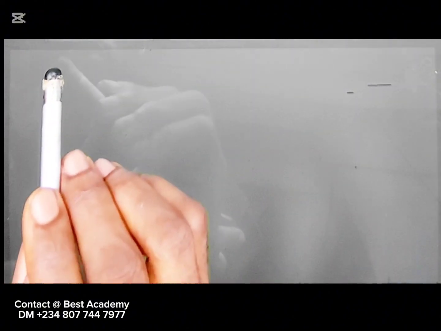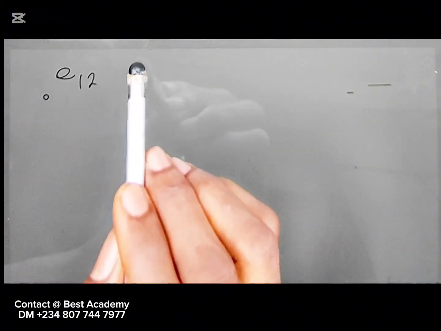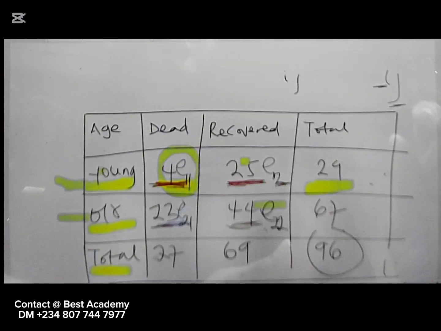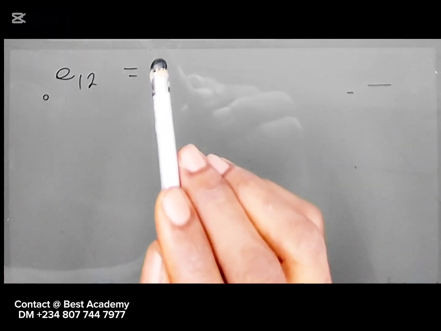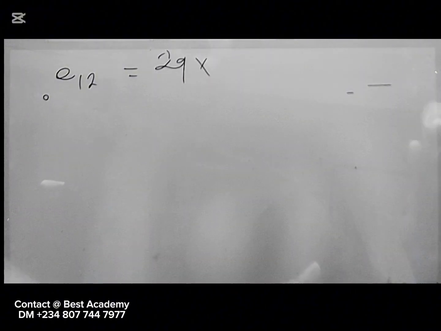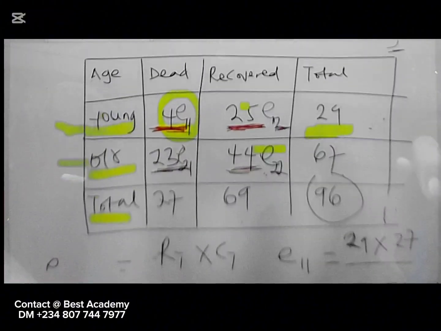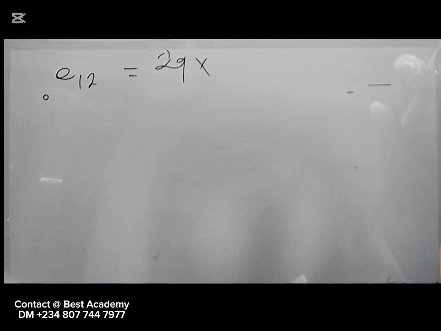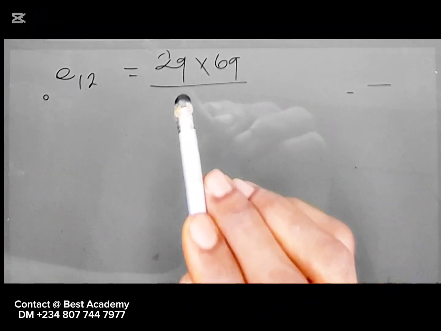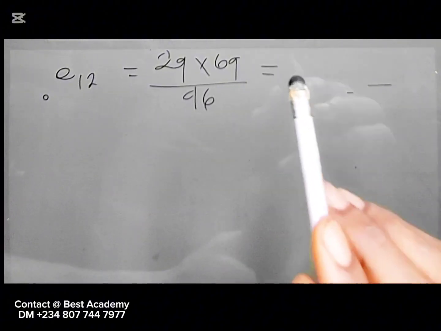Okay, so class, let's calculate the next expected frequency, that is E of 1 2. Let's get the total of the row, of course the first row, that is 29, times the column of E of 1 2, which is 69. Overall is 96. So punch your calculator.